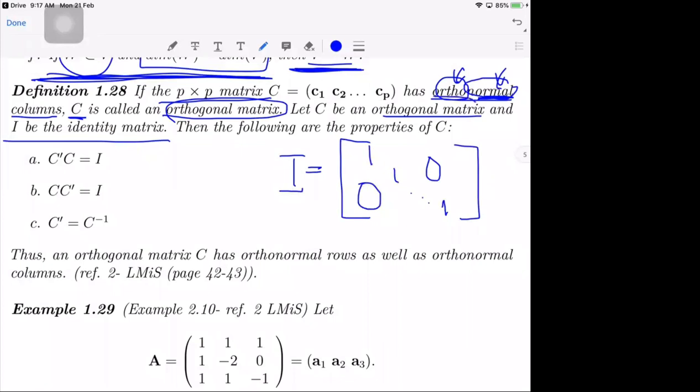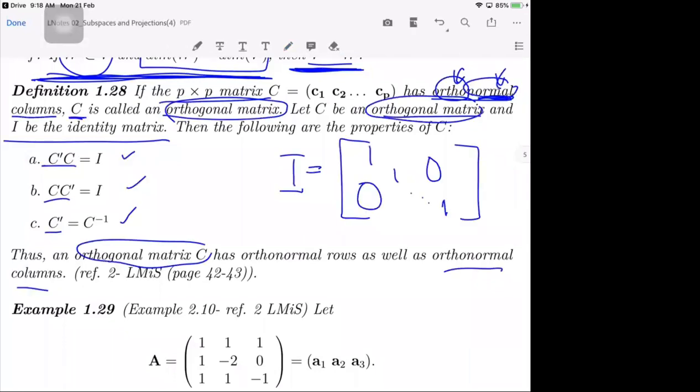So if you have an orthogonal matrix, C transpose C is equal to I, or CC transpose is also equal to I, and C transpose is equal to its inverse. Thus, an orthogonal matrix C has orthonormal rows as well as orthonormal columns, because of these properties.